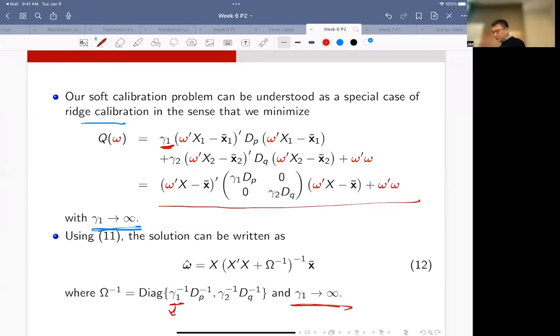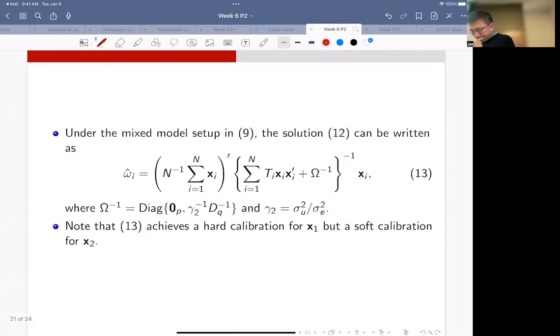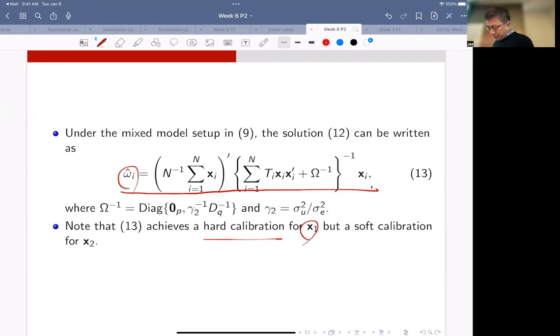Because you want to achieve the hard calibration on the x1 part. So that is your final solution. And then we can check that this weight achieves hard calibration for x1, but not soft calibration for x2.